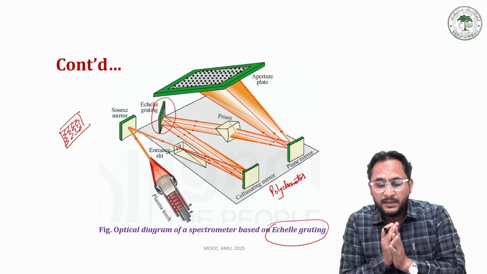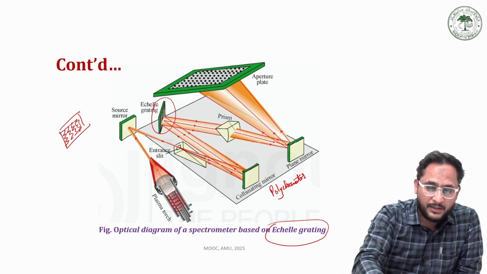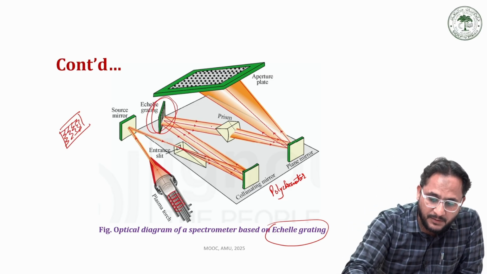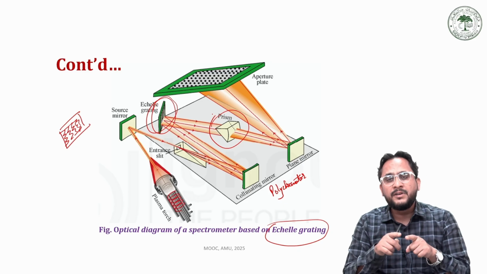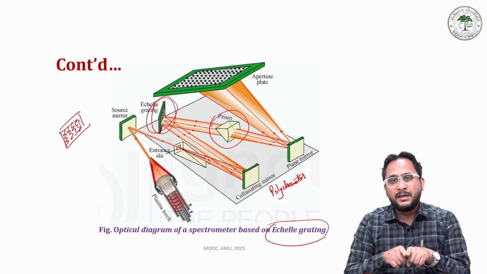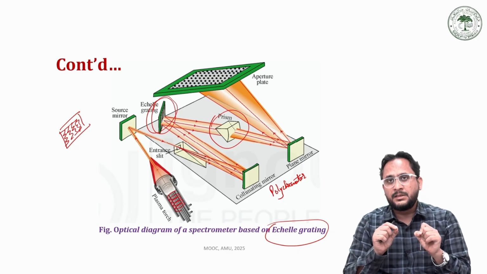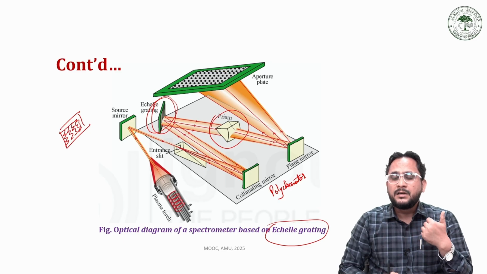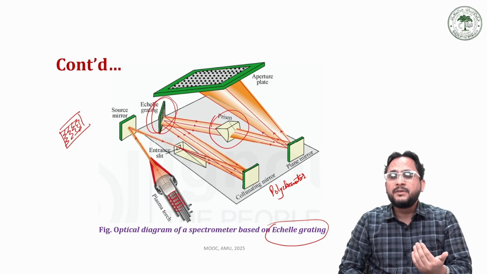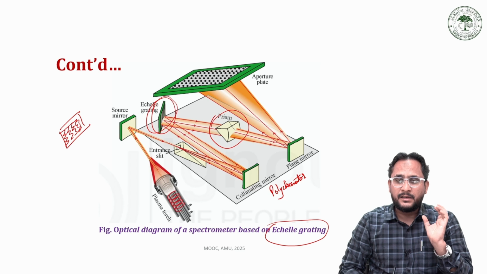I hope you have identified in this diagram that we are using a grating as well as a prism. Now when we are using both of these in combination, it means we are further narrowing down the wavelengths of the light radiation.